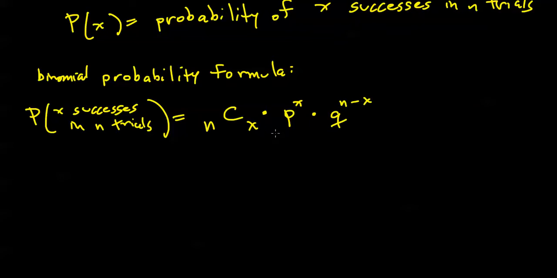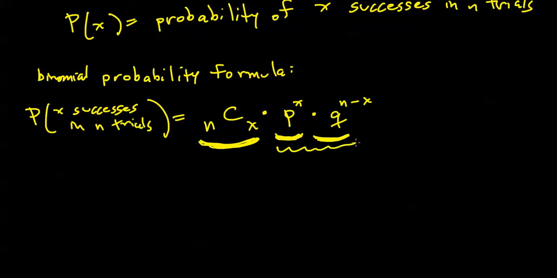Now I think you can see here this accounts for the probability of a certain number of successes. This quantity here, q to the n minus x, will account for the probability of a certain number of failures, and this n choose x is a combination command that our calculator works out that gives us the number of ways to arrange x successes and n minus x failures.